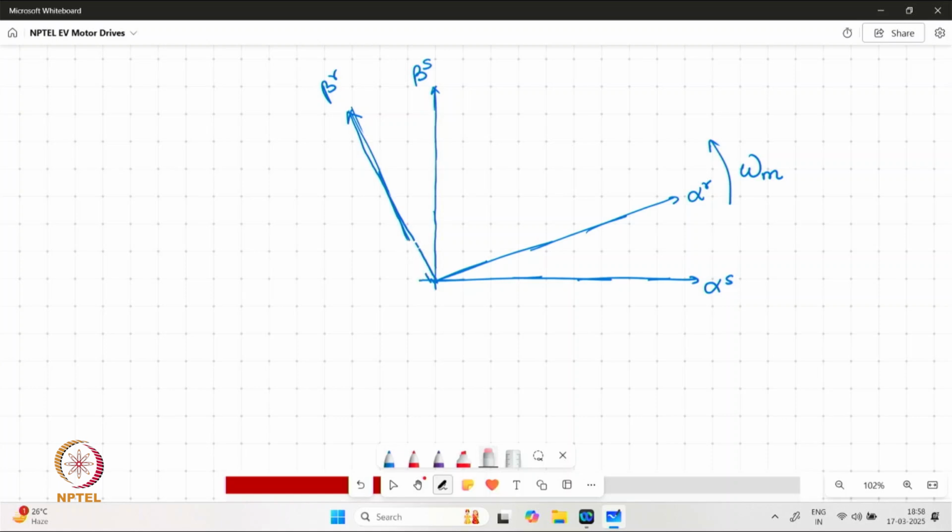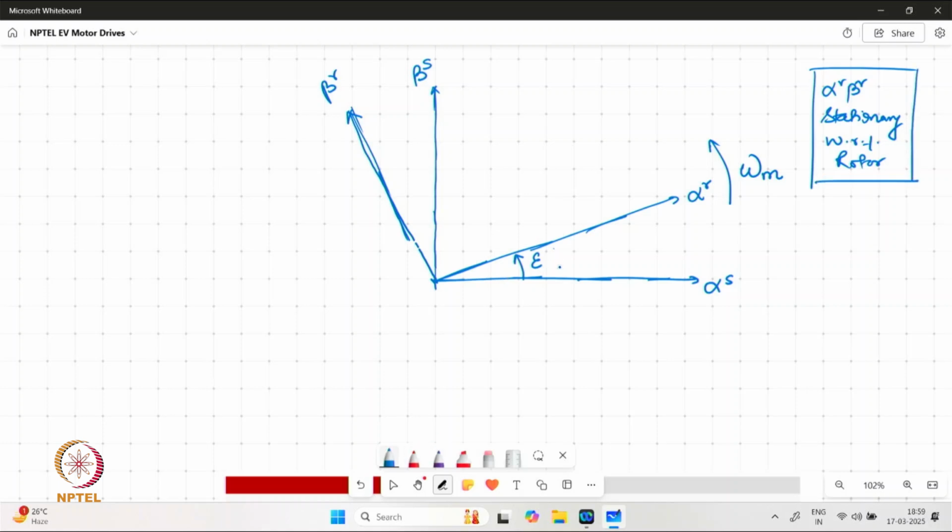So the conversions of number of poles and other quantities are taken care of. And at any given point of time, the angle formed by this frame of reference is epsilon. So alpha r beta r is stationary with respect to rotor.